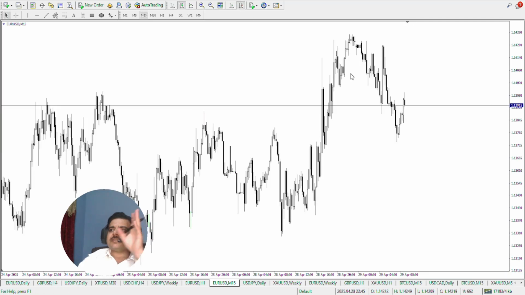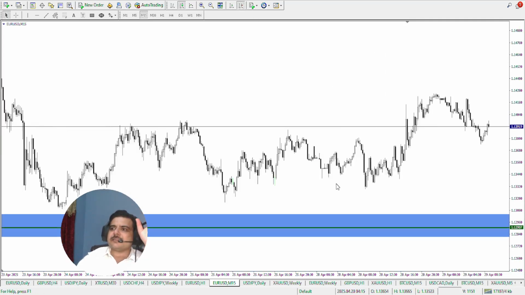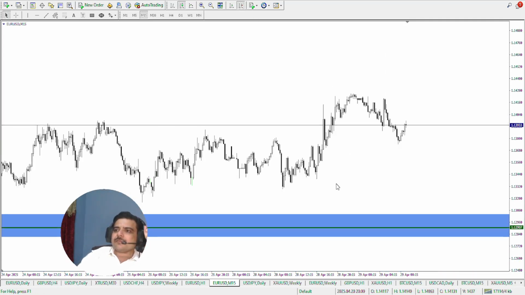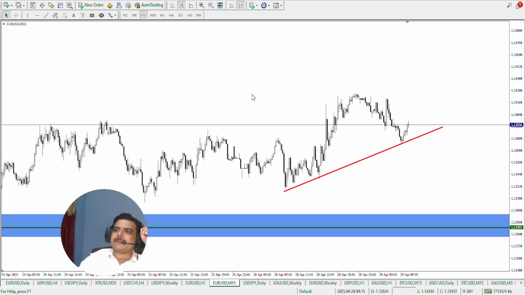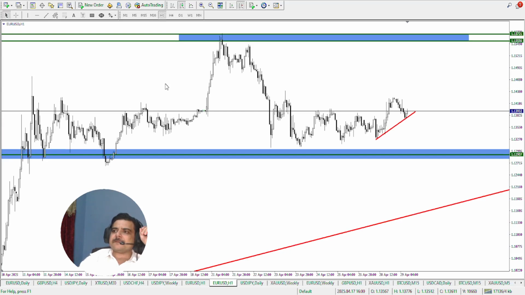So now, since we have got two levels, we have also got this trend line on the M15. And this is also a resistance.